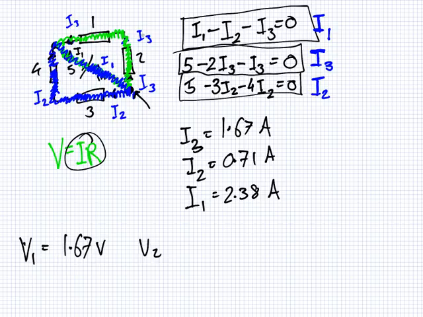V2 will equal I3 multiplied by 2. So that's 1.67 multiplied by 2, so that's 3.34 volts. V3 will equal 3 multiplied by I2, that's 2.13 volts, and then V4, that's this one here, I2 multiplied by 4.